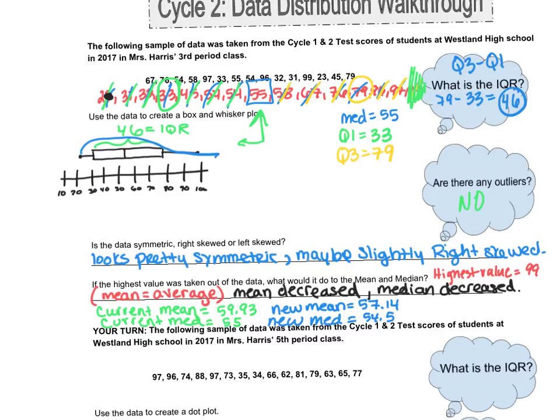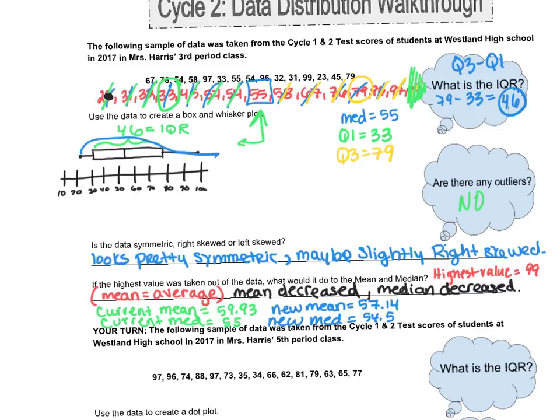Now I want you to think about if I added, let's say, a test score of 100, what do you think the mean would do, and what do you think the median would do? If you add a test score that's really high, what's your class average going to be? Your class average is going to go up. So if I'm adding something on the high end, my average is going to go up. That should make sense because that's what we do with our grades. If I add something to the high end of my data list, my median is going to shift.